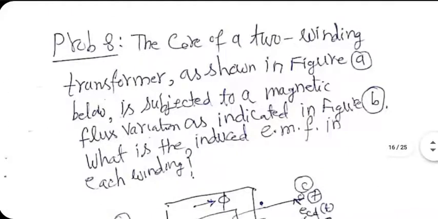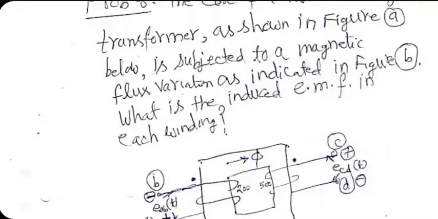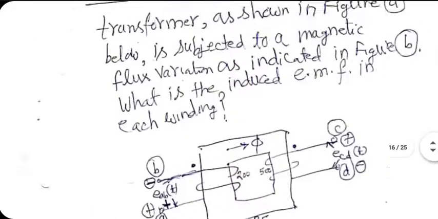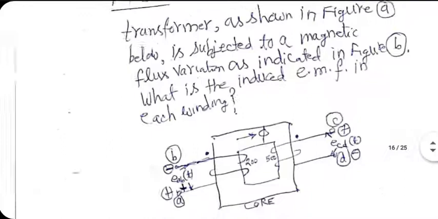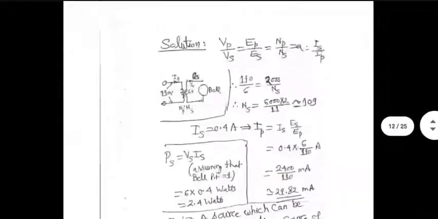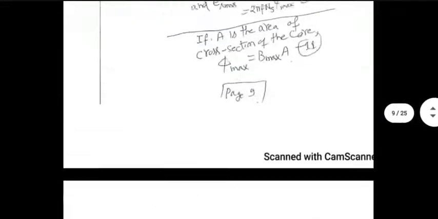So what do they want? Solution. But what is the problem? What is the induced EMF in each winding? Now, when you see non-sinusoidal variation of flux, these famous equations simply will not apply.